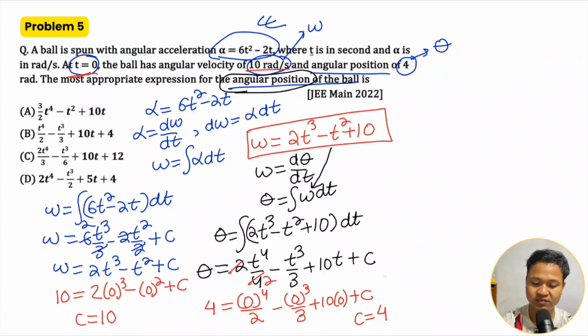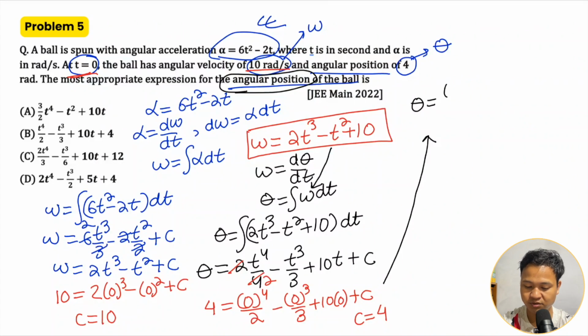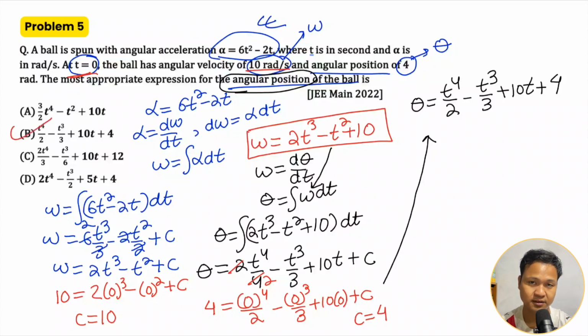Finally the angular position is t power 4 by 2 minus t cube by 3 plus 10t plus 4, which is the answer, option B. So this is a pure indefinite integral question.